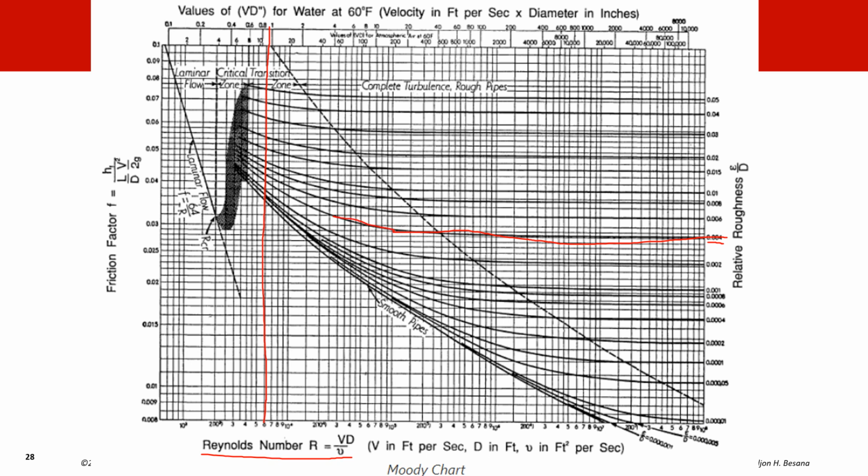You just follow this through, and this is our friction factor, which is equal to 0.04. How about if it's still 2,600 but the relative roughness is equal to 0.0002?